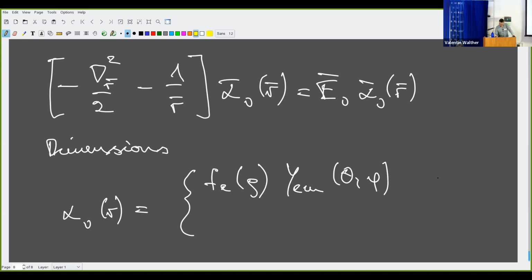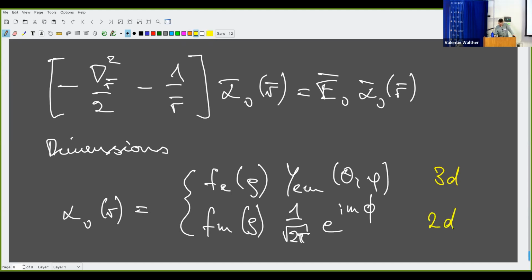So that would be in 3D, but in 2D, you can do a similar trick, and you can just separate off these exponential factors. So the physics of 2D hydrogen is actually kind of interesting, because it's just on the boundary of having a lowest bound state, but the system does have a bound state.